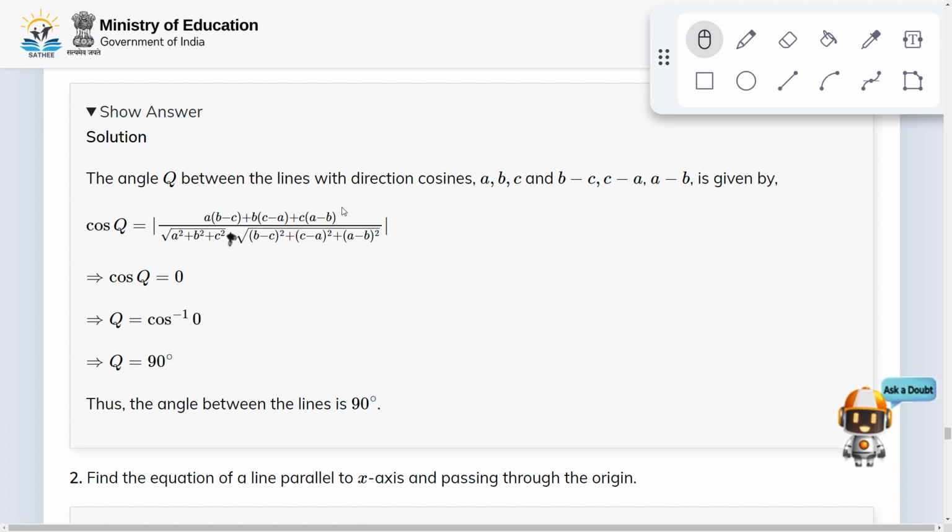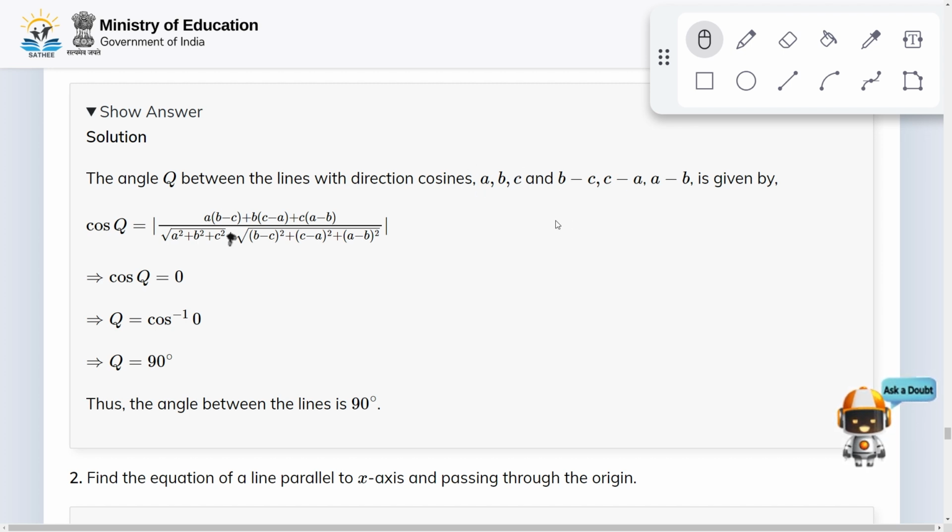You just have to remember the formula. Whenever direction ratios are given to you, you must know this formula. Multiply the corresponding components and then add up; you will form your numerator. In order to find your denominator, sum the squares of the direction ratios and take the root.